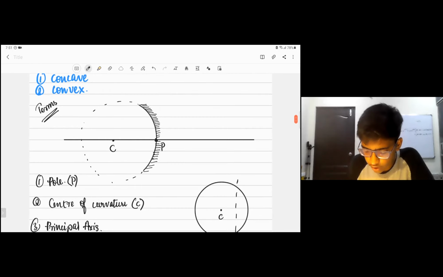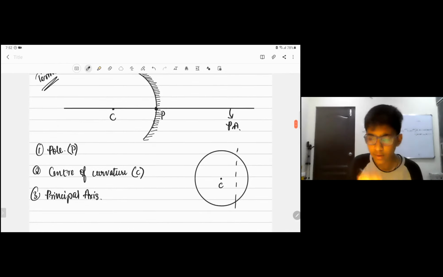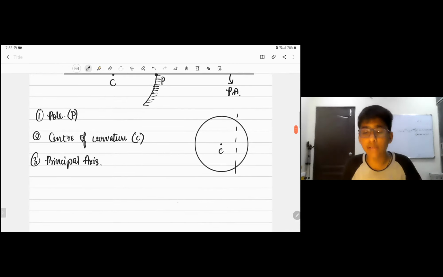From the center of curvature, you draw an imaginary line to the center of the mirror, that is the pole. So an imaginary line passing through the center of curvature and the pole of the spherical mirror is called the principal axis.